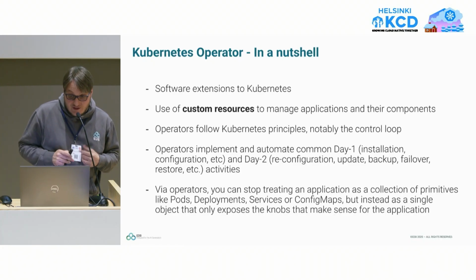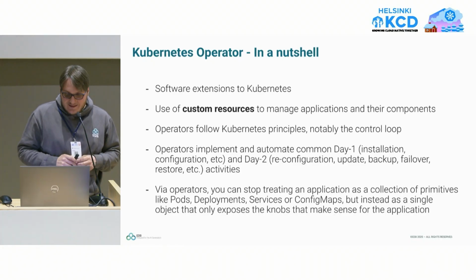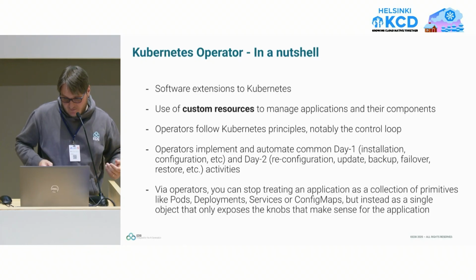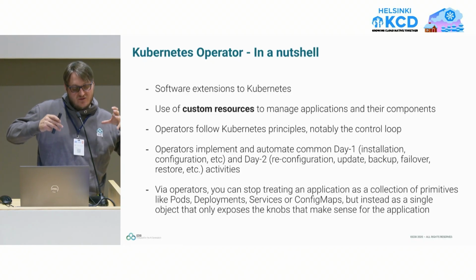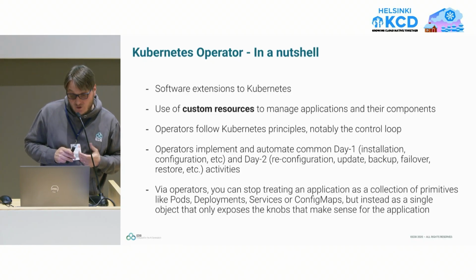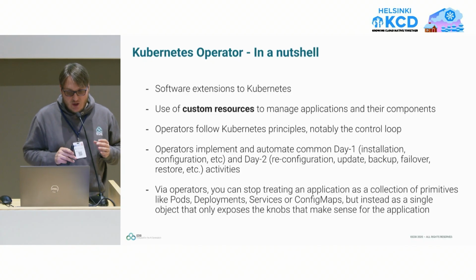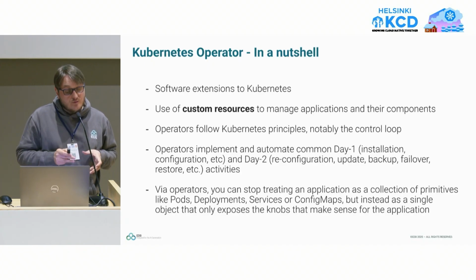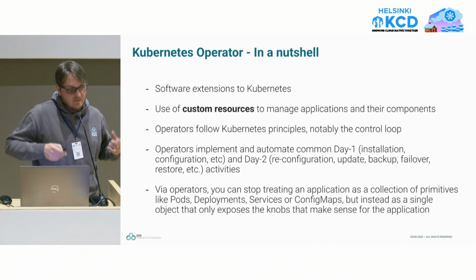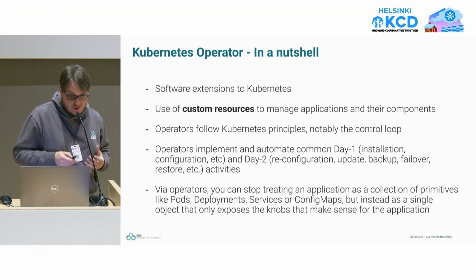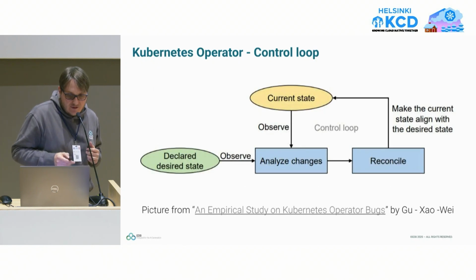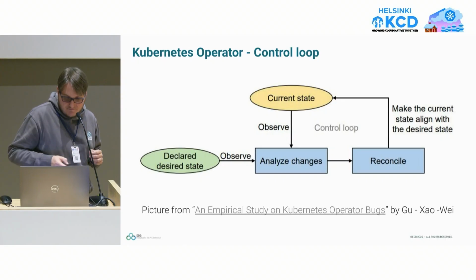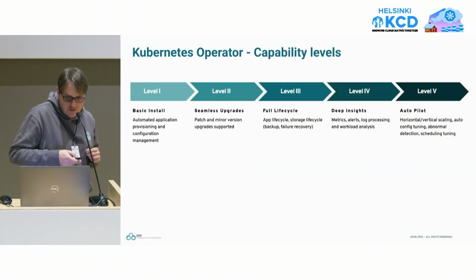And obviously, they follow the control loop. They also implement and automate activities, and you can start to abstract your whole logic with this custom resource, so you do not interact directly with Kubernetes objects, but with this new layer of abstraction, the custom resources that you define. So this is another little schema that shows how it works.